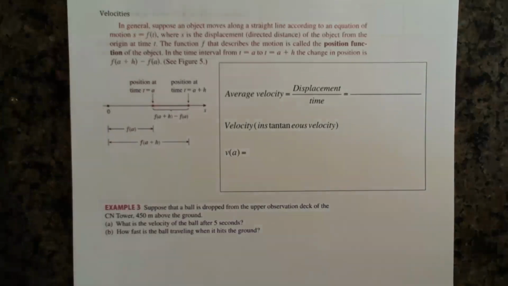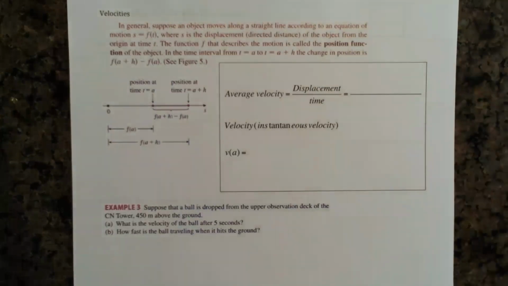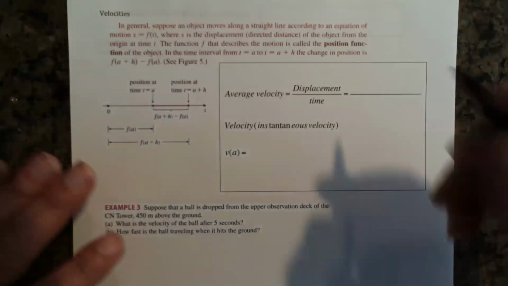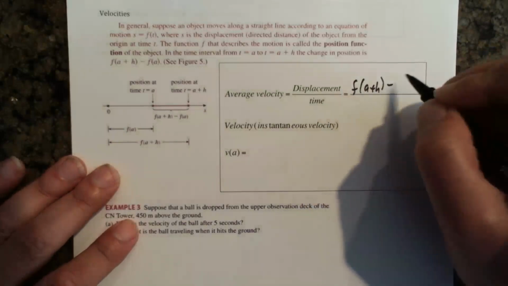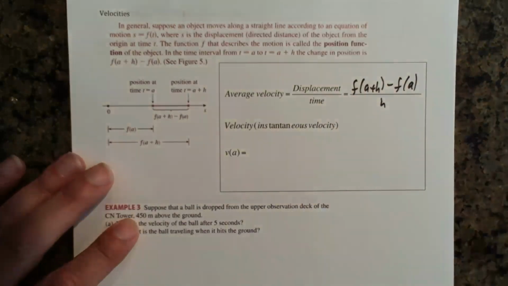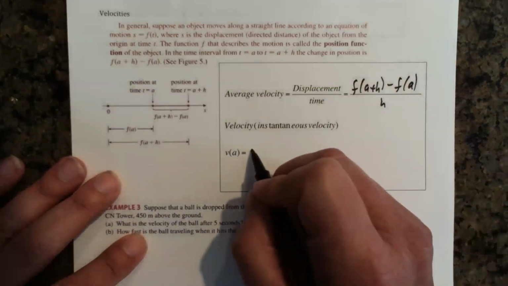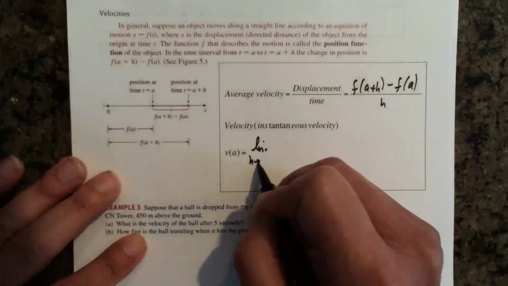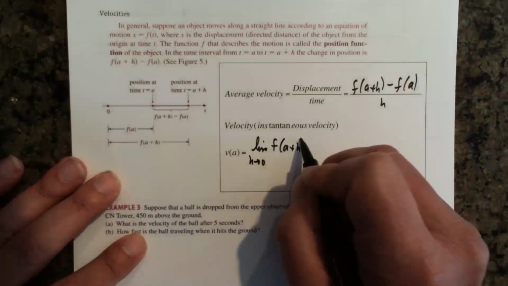Just to be clear, the average velocity is going to be f of a plus h minus f of a over h. And of course, the instantaneous velocity at time a is going to be the limit as h approaches 0 of f of a plus h.